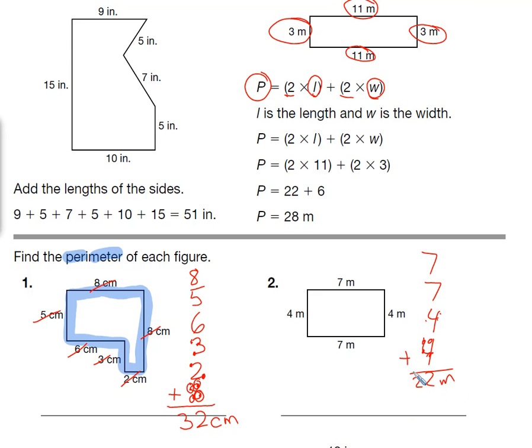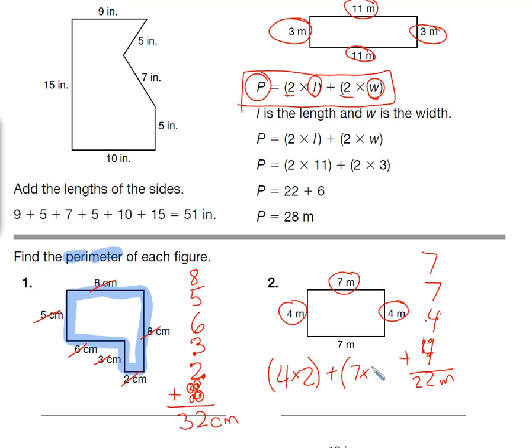Now that's the first way to do it. The other way to do it is to use this equation where we do 2 times the length plus 2 times the width. So our length here is 4. So 4 times 2, because we have 2 of them here, plus 7 times 2, because we have 2 7s.